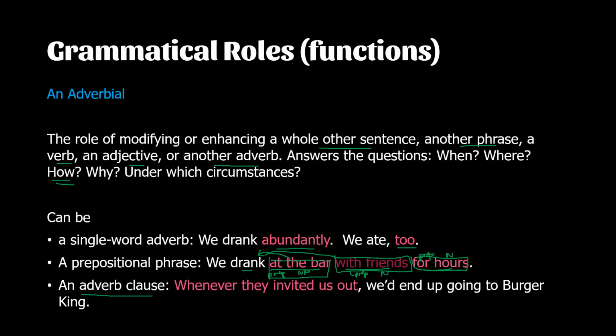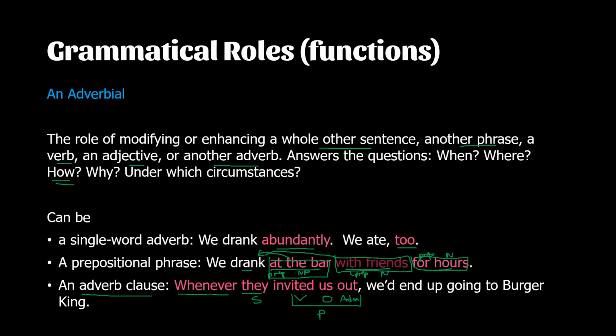Adverb clauses begin with subordinating conjunctions. Whenever is another subordinating conjunction we didn't look at yet. So I'll have a subject and a verb and an object and an adverb. All of these, invited us out, is the predicate of the clause.